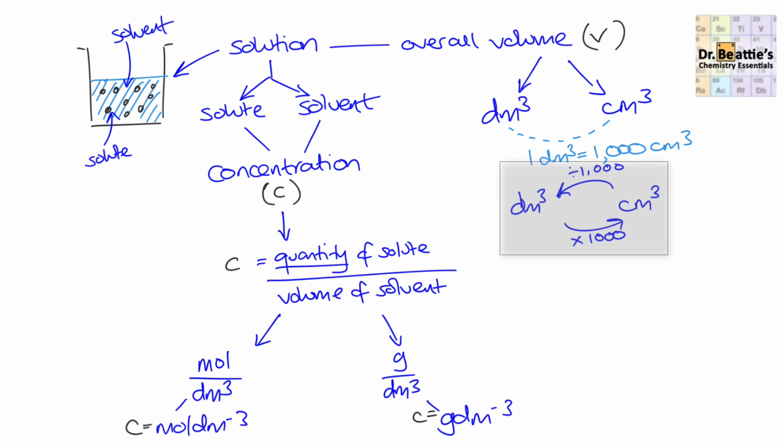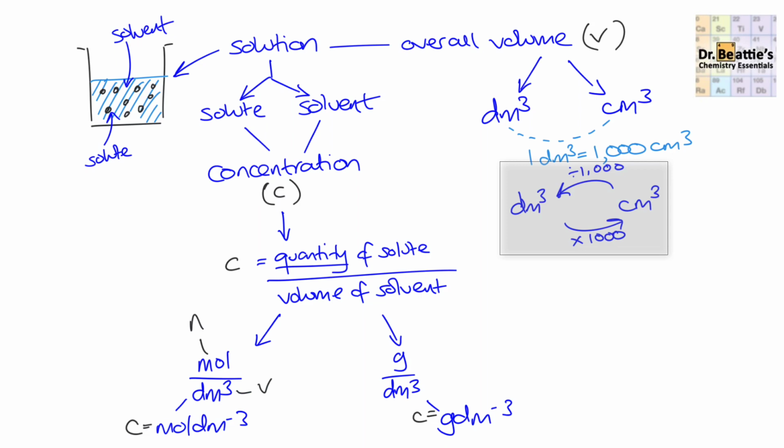Before we go any further, what I want to do is just explore the relationship between concentration and volume and how that links to the amount of a substance, the number of moles of it. And then that's going to allow us to understand why this is the best form for concentration. So moles is otherwise designated as n in chemistry, and our dm cubed is the V for volume.